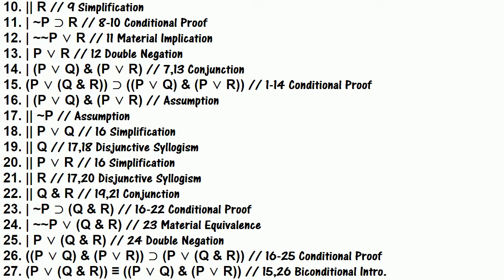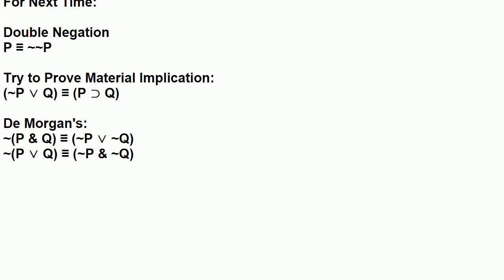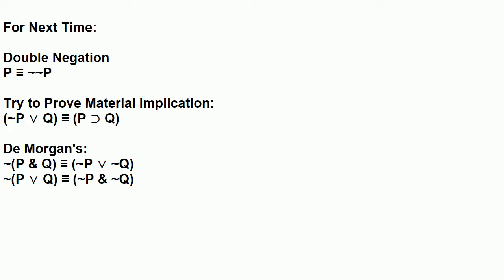And now let's take a look at the rules that we have not yet done proofs for. And I will fix this here. Okay, so these are the remaining rules that we haven't done any proofs for. We have double negation, we have material implication, and we have De Morgan's. And you may notice that one of the things these three rules have in common is that each has a negation sign in it.